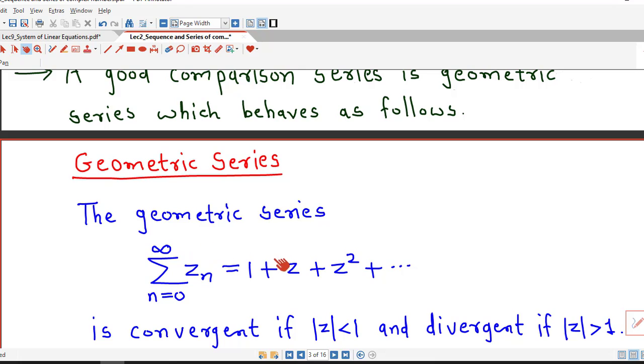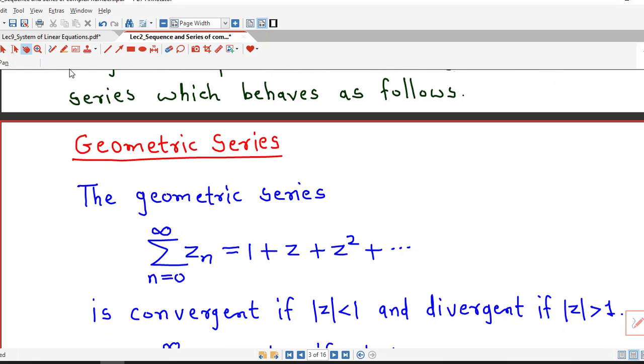This geometric series is convergent if the absolute value of z is less than 1, and divergent if the absolute value of z is greater than or equal to 1. So the geometric series is convergent in this case only: absolute value of z is less than 1.